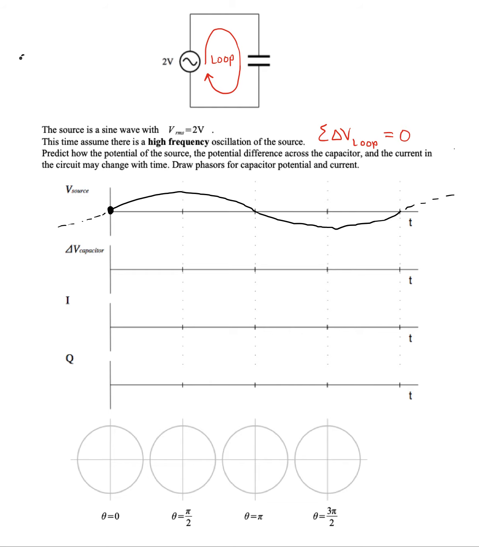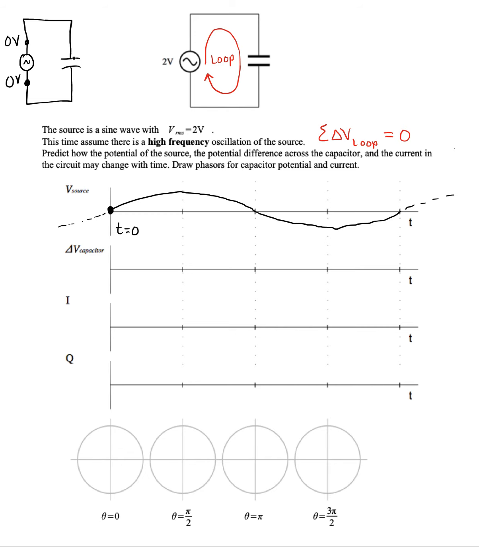Let's draw that state over here on the left. If the bottom terminal is labeled as 0 volts, then the top terminal must be at 0 volts as well when we're at t equals 0.